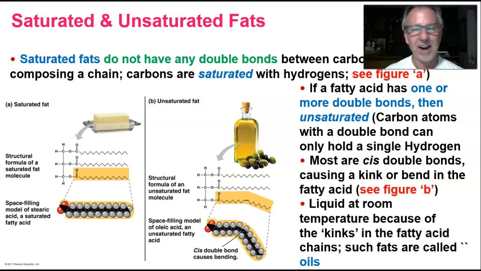So you can see figure A, it's showing you a saturated fat molecule in butter, and that zigzaggy line is the carbons, bonding together in a chain, and there's two hydrogens coming off of every carbon. And those saturated fatty acids that are straight, they're straight. And the fat molecules basically are all flat because all the fatty acids are straight.